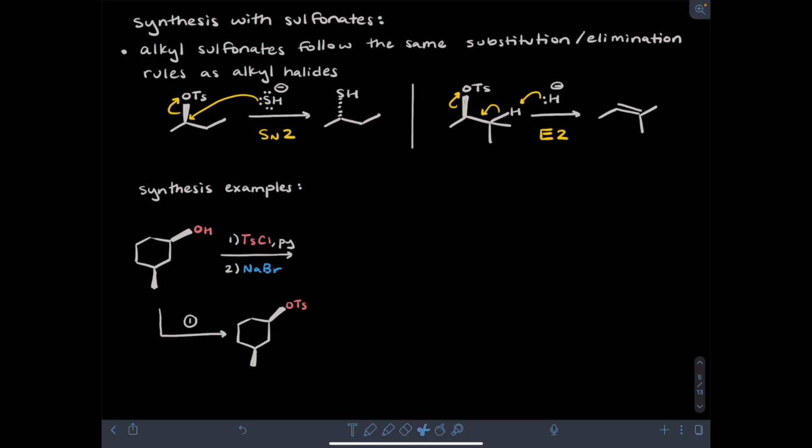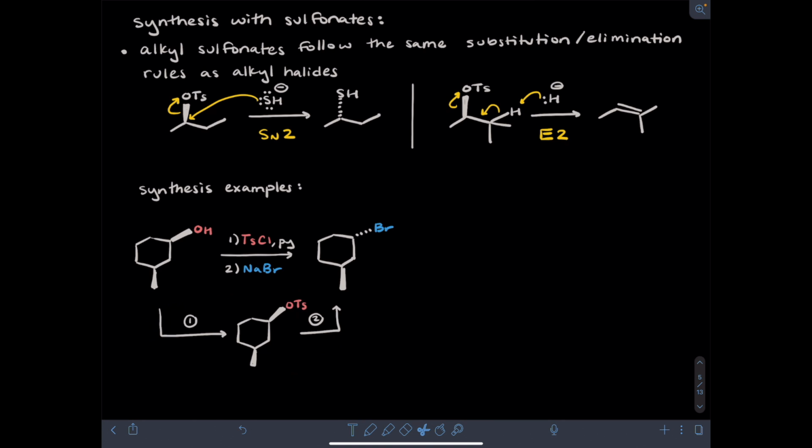The step 1 here, treatment with TsCl, tosyl chloride in the presence of pyridine, is going to convert the OH group into a tosylate group, OTs. This is a type of alkyl sulfonate. Notice that neither chiral center has had any change in its stereochemistry.